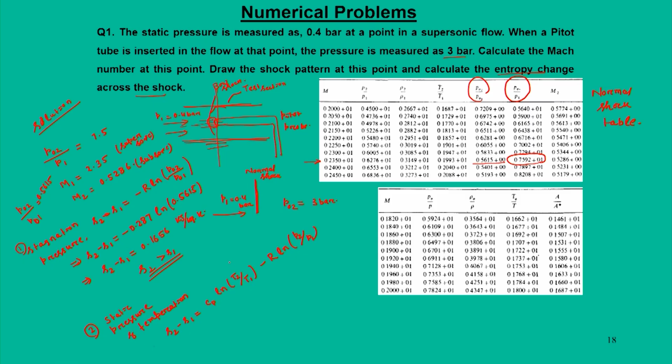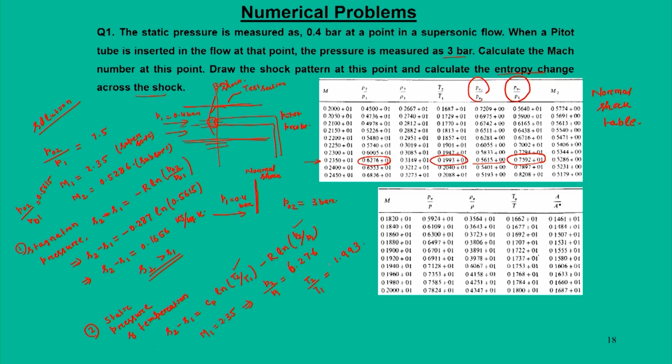Now, the catch here is that you have to use the ratios T2 by T1 and P2 by P1. So, those numbers we have here. This is P2 by P1 and this is T2 by T1. So, for M1 equal to 2.35, this implies P2 by P1 is equal to 6.276, and T2 by T1 is equal to 1.993.